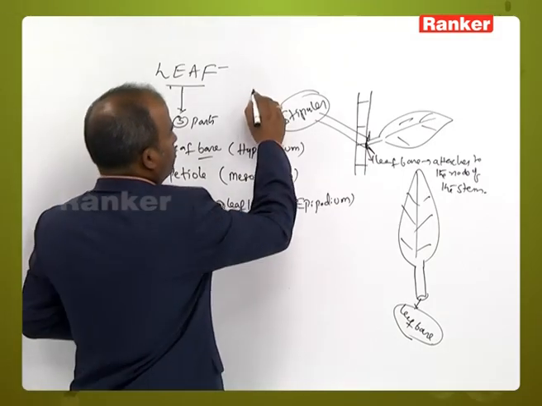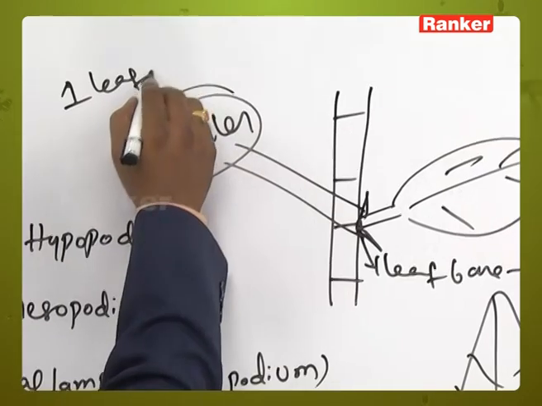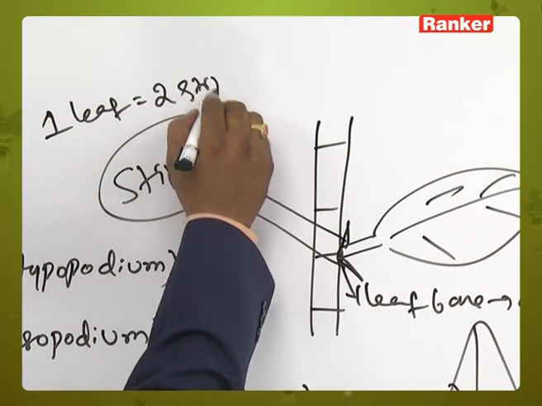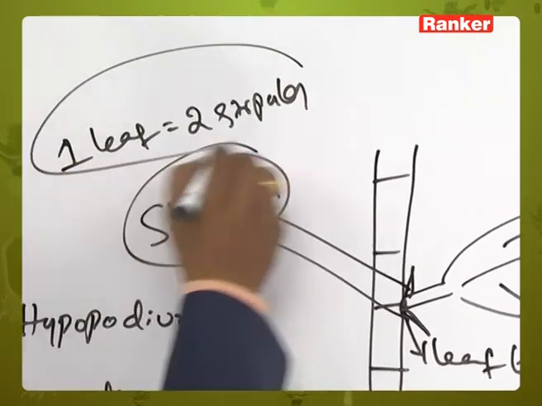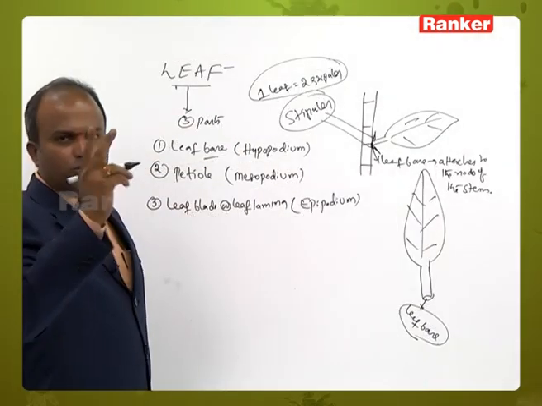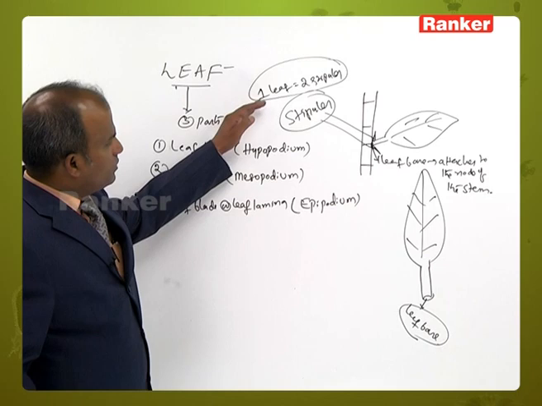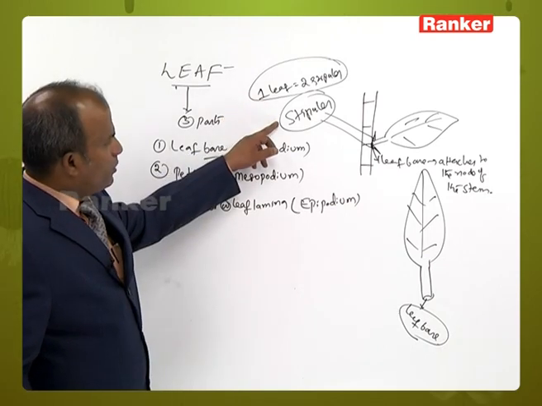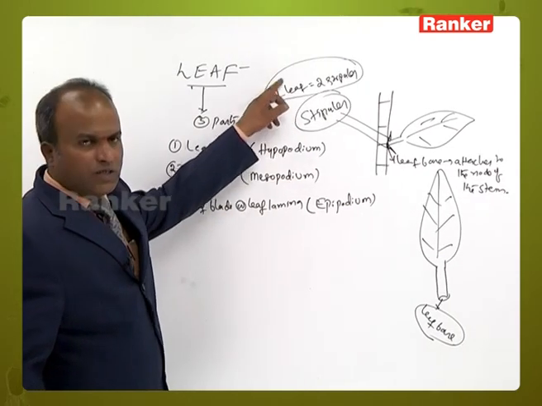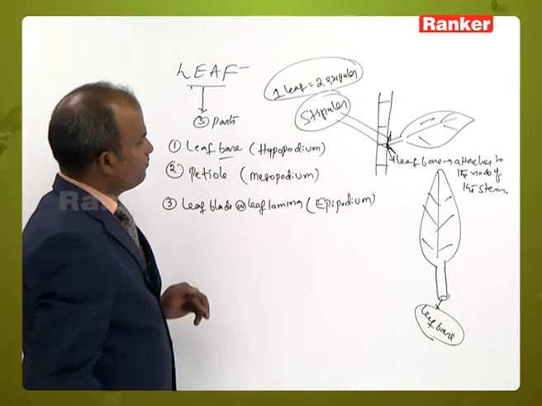One leaf is equal to how many stipules? Two stipules.